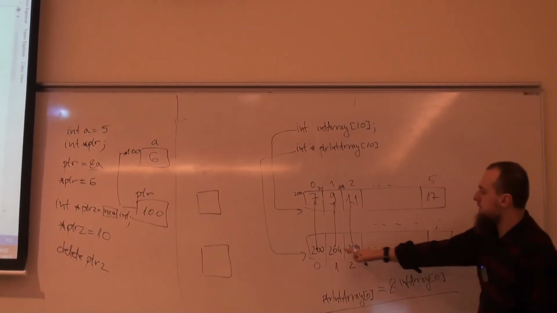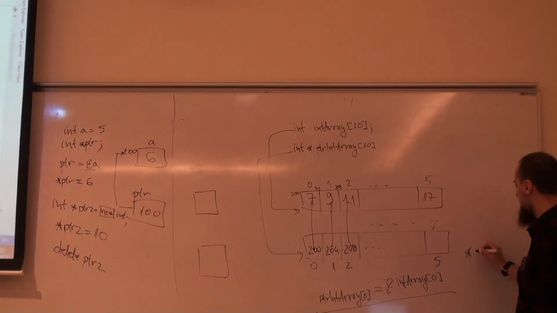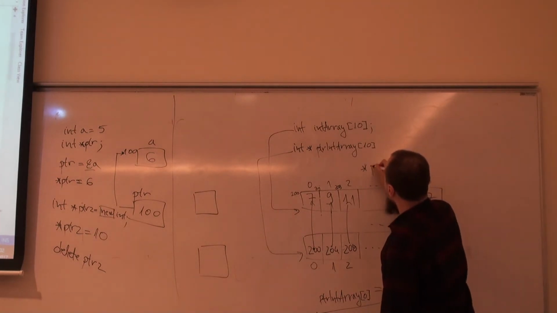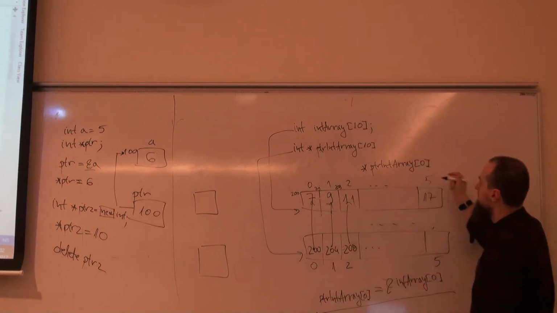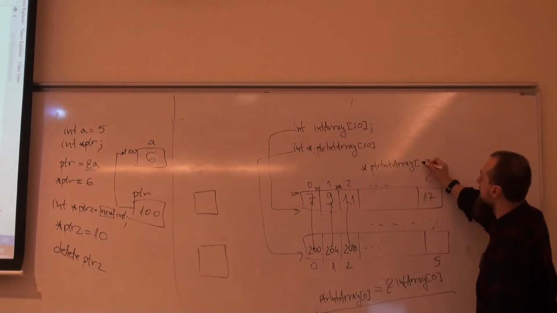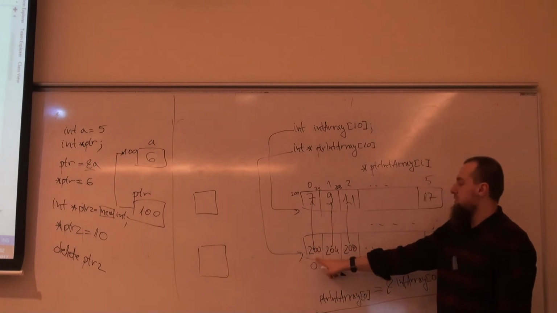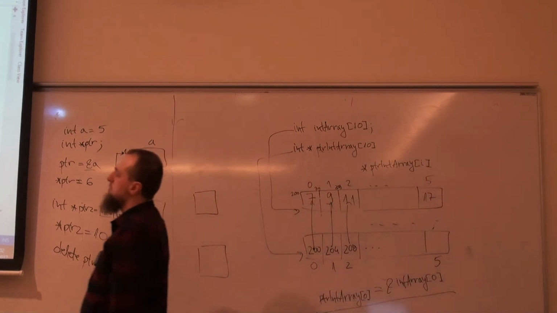In order to access element number 7, integer 7, I'm going to write it this way: star PTR integer array, let's say 0, or let's generalize it to I. Okay, so PTR integer array I is 200. Star of that, the value to which it's pointing, is 7.